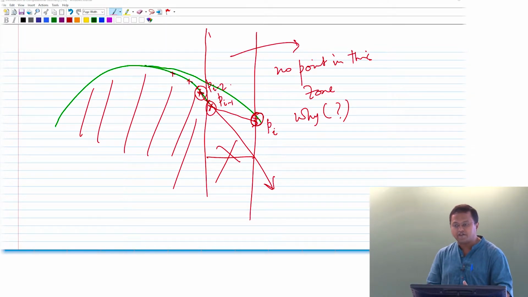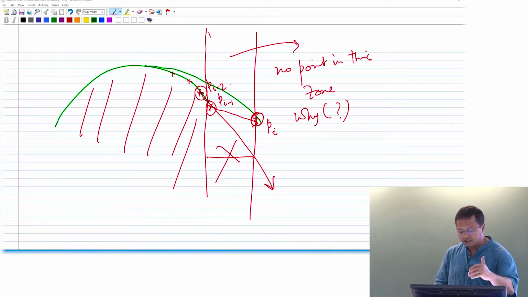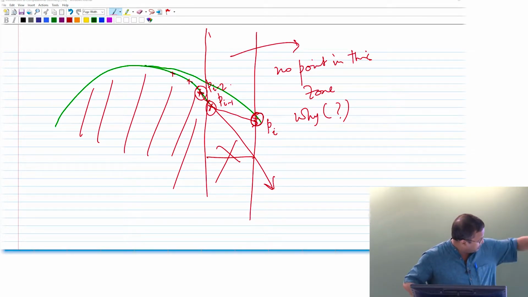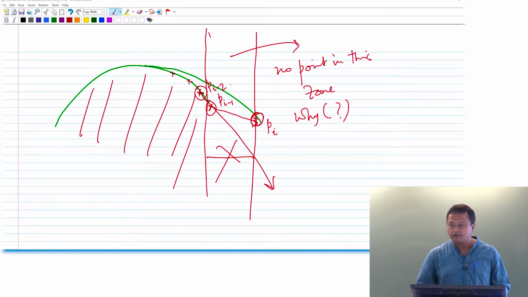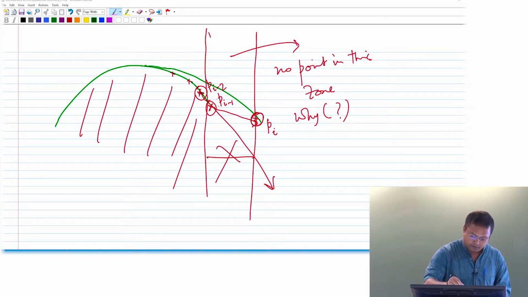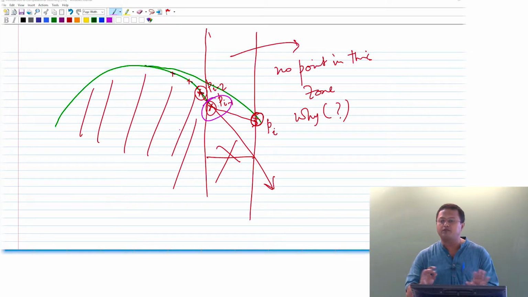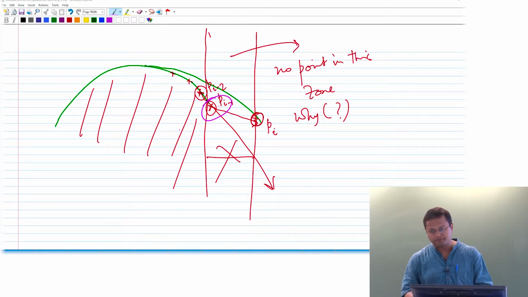So, if there is a left turn on this line segment P I minus 2 to P I minus 1, if you are taking a left turn to hit P I, then the inference that I can draw is P I minus 1 has no business to be on the hull, right.